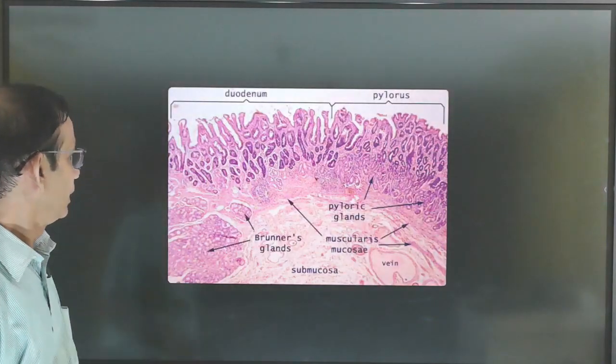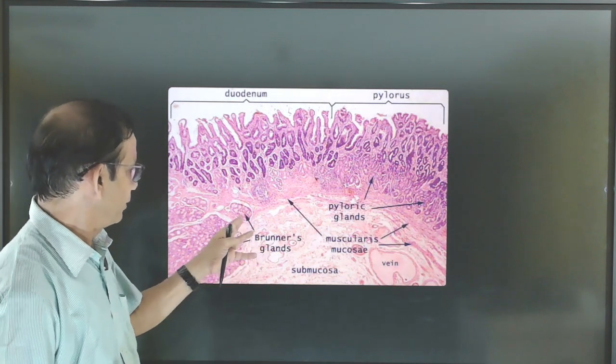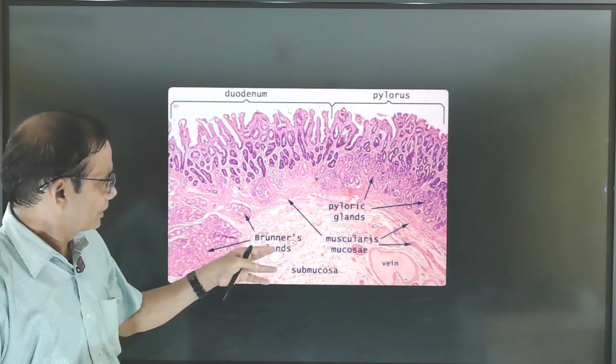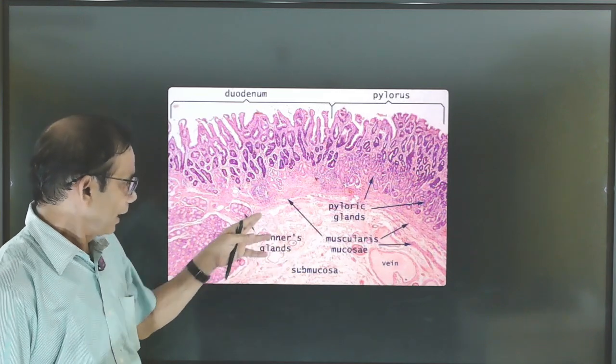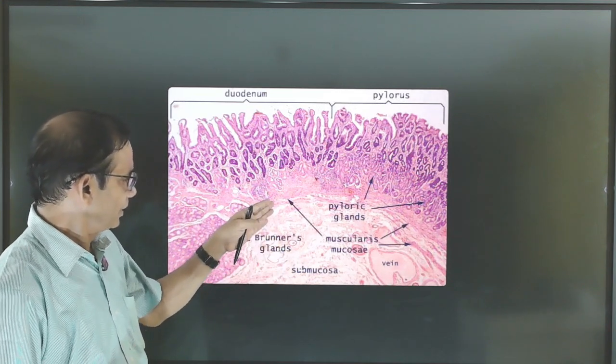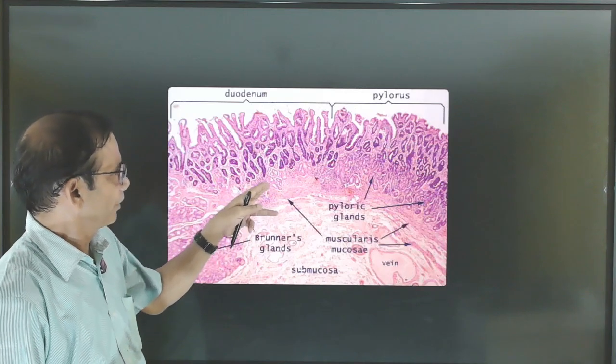Now, this is the Brunner's gland, particularly present in the submucosal layer, which secretes the bicarbonate juice that helps in reducing the corrosive effect.